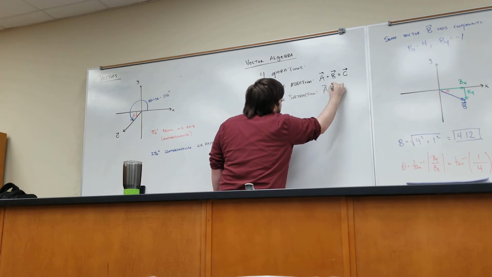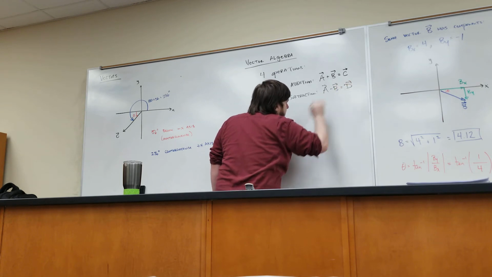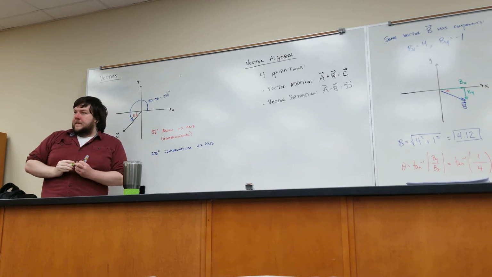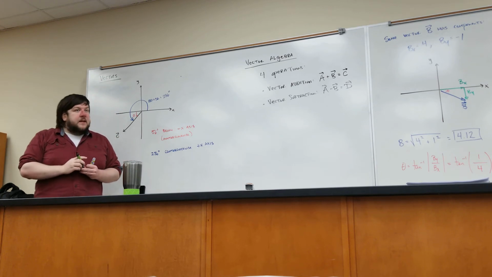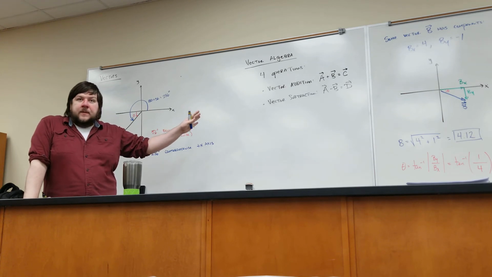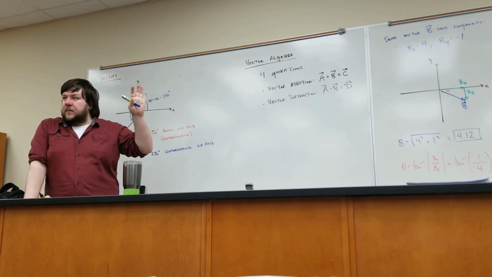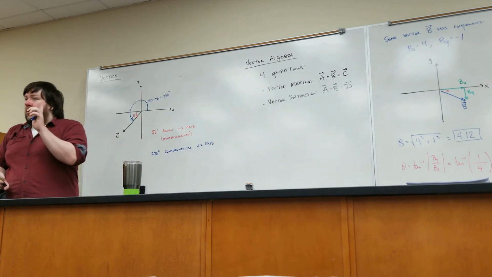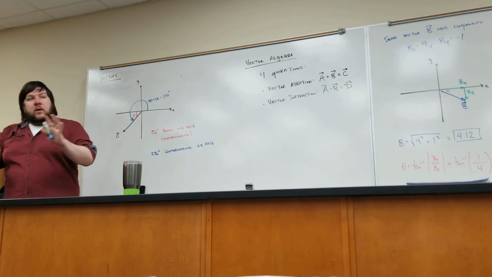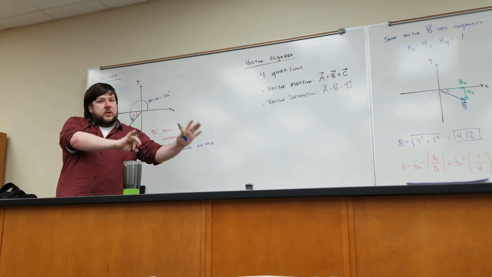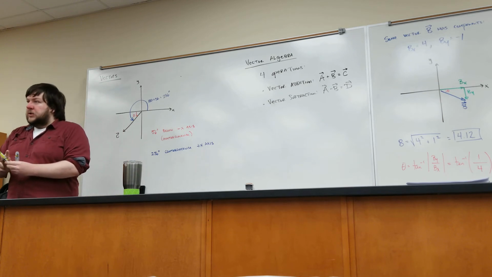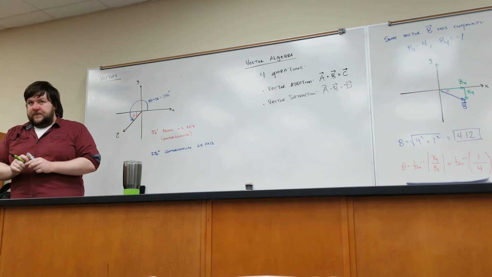A minus B is going to be a new vector, D. It turns out, though, that the difference between vector algebra and scalar algebra is that there are two types of vector multiplication, and there are no types of vector division. For scalar algebra, there is one type of multiplication and one type of division. For vectors, two types of multiplication, no types of division.